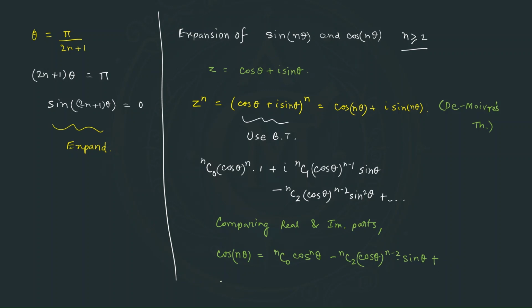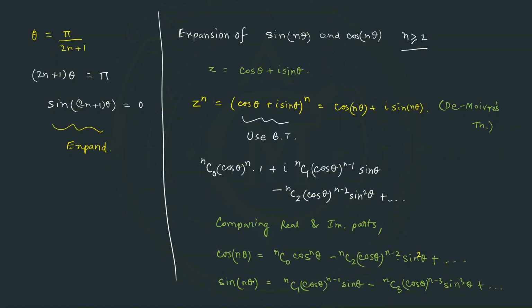And similarly, this sine n theta can be obtained as nC1 cos theta whole to the power n minus 1, then sine theta, minus nC3 cos theta whole to the power n minus 3 sine cube theta, and plus so on.